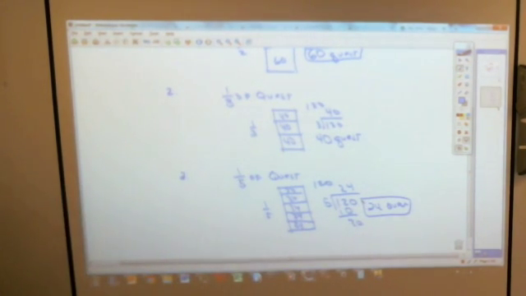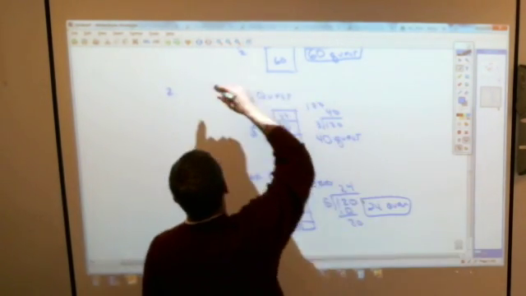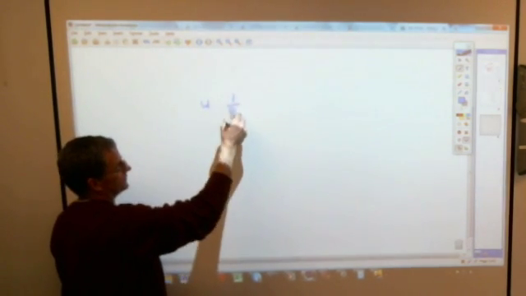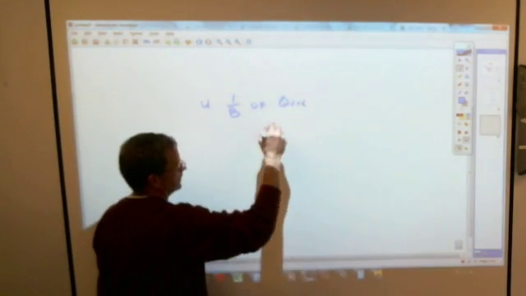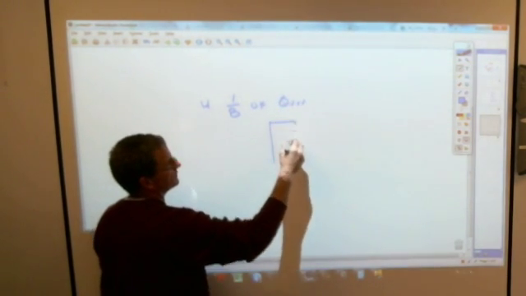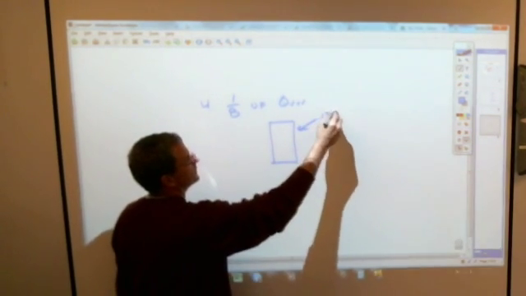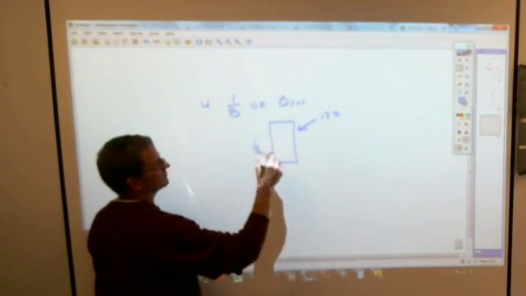Number 4, how many questions were short answer? Well, what fraction were short answer? 1/8. Oh boy, now we're cutting things into 8ths. Same rectangle, same 120 questions, except now I'm cutting it into 8ths.